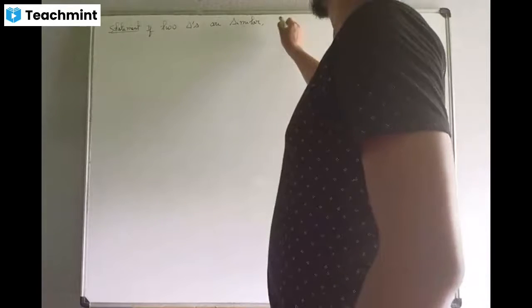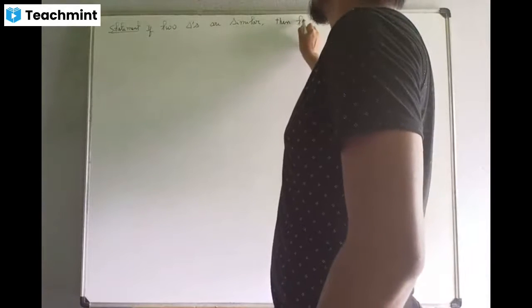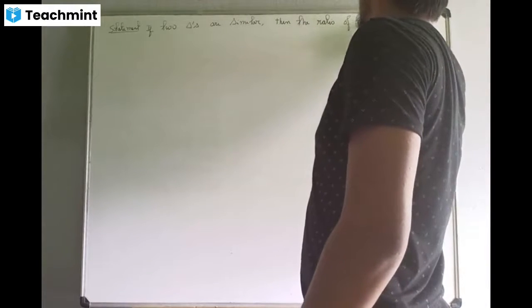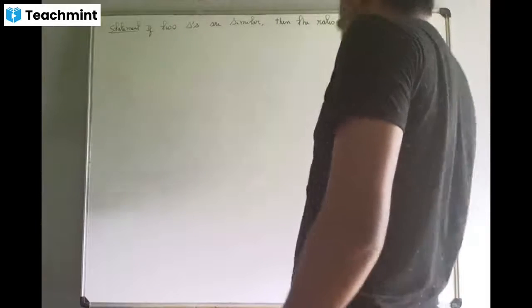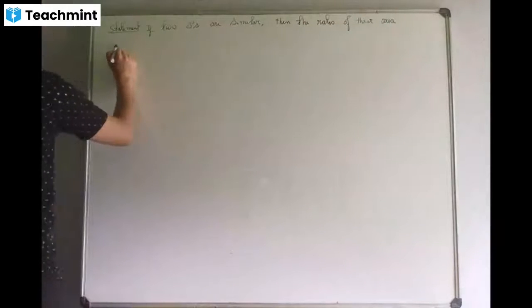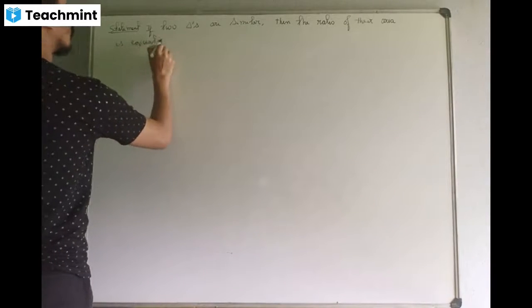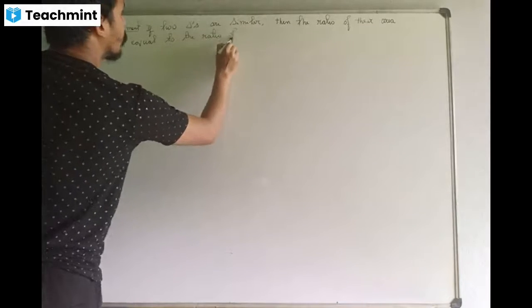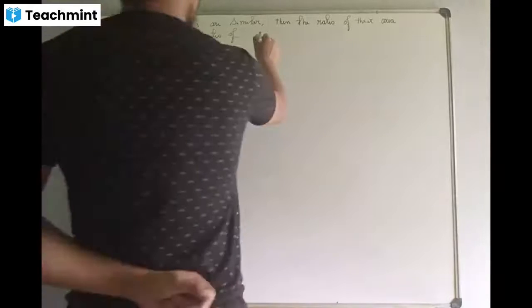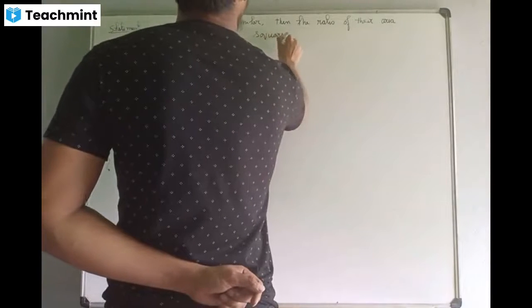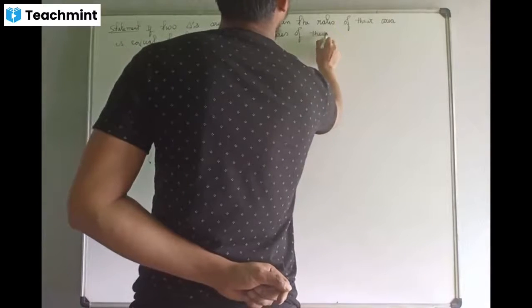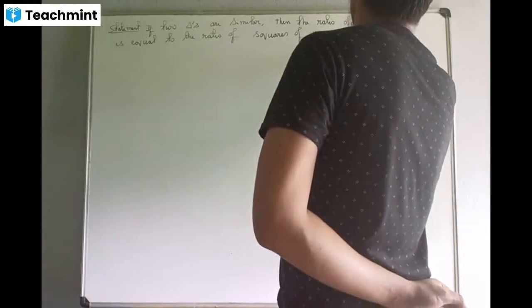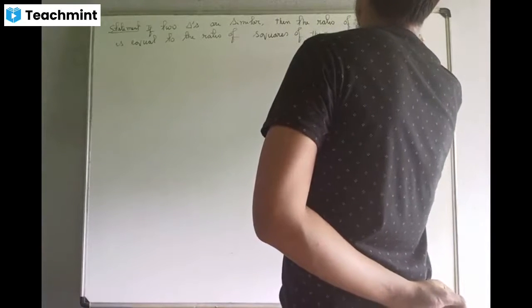So if two triangles are similar, then ratio of their area is equal to the ratio of squares of their corresponding sides.